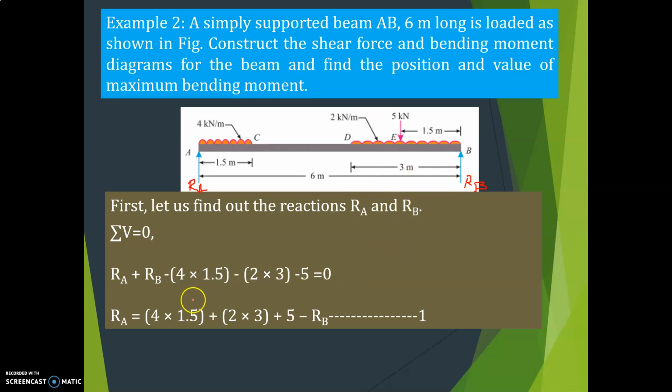Next, write in terms of RA. 4 into 1.5 goes to the right side, so the sign changes. So RA equals 4 into 1.5 plus 2 into 3 plus 5 minus RB. Let it be equation 1.